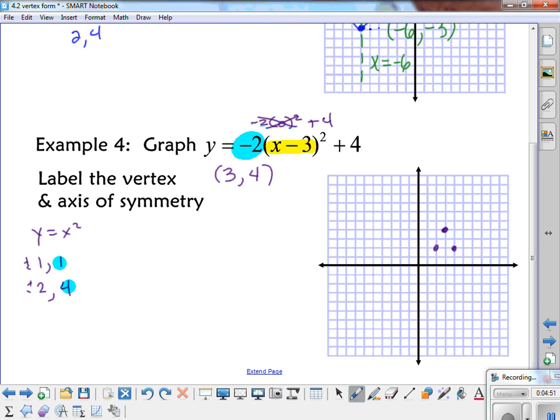Then, again, from my vertex, if I go out 2, normally I would go up 4. But I already know I have to go down because of the negative, right? So if I go down 4, have I gone down enough yet? No, I have to double it because of the 2, right? So I go down 8. And that gives me another set of points. And that's what your graph should have looked like.